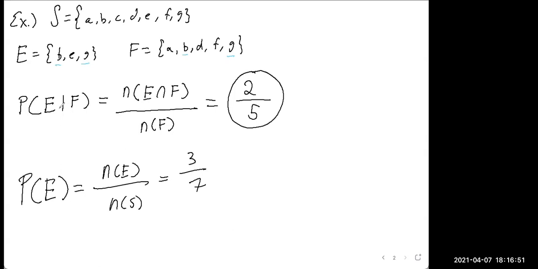The probability of E given F is 2/5. And hopefully we can see that 2/5 is greater than 3/7. So that's kind of an abstract idea, but that is the general idea. I'm going to take this one off for room's sake.